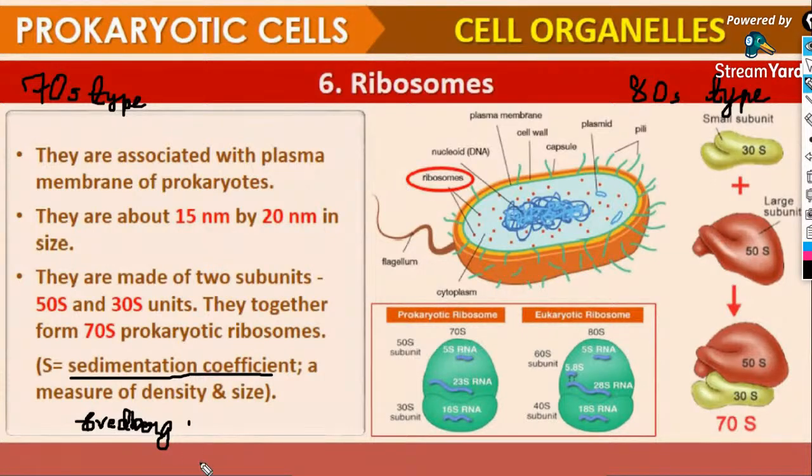Okay, not V, B. So S denotes the sedimentation coefficient or Svedberg unit. What is this sedimentation coefficient? It is a measure of their density and size.